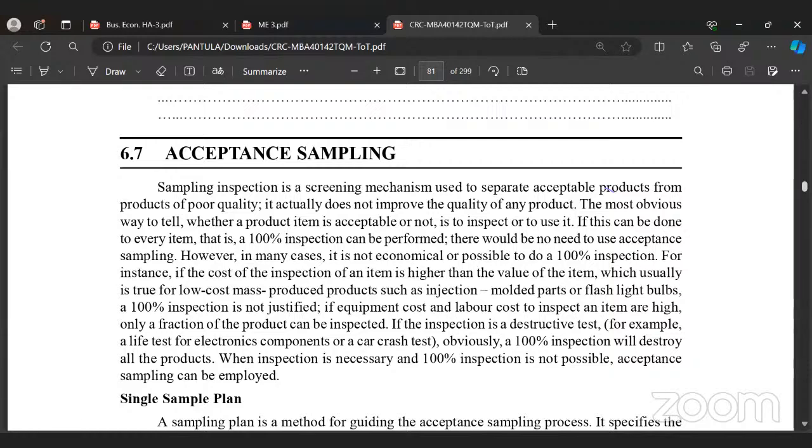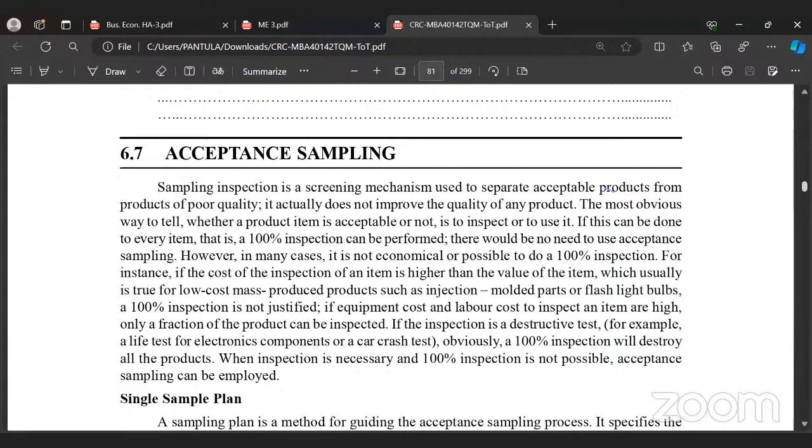Sampling actually does not improve the quality of any product. It is the most observed way to tell whether the product items are acceptable or not.